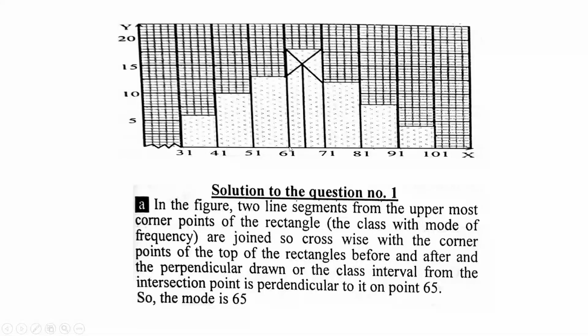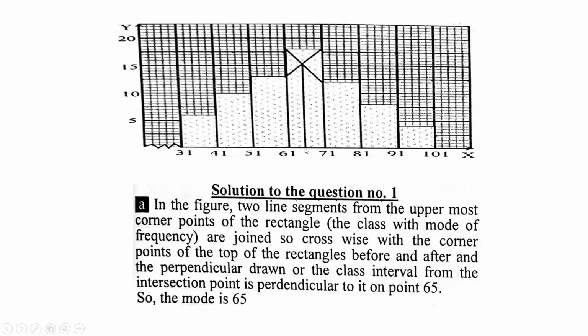Here this rectangle is uppermost, and we connect this point with this point. Also we connect this point with this one, and the cross point is between 61 to 71.